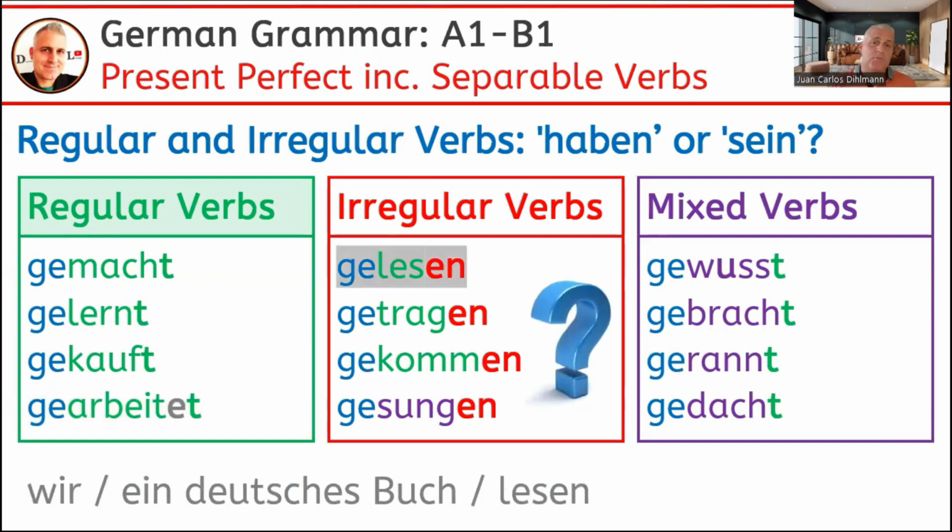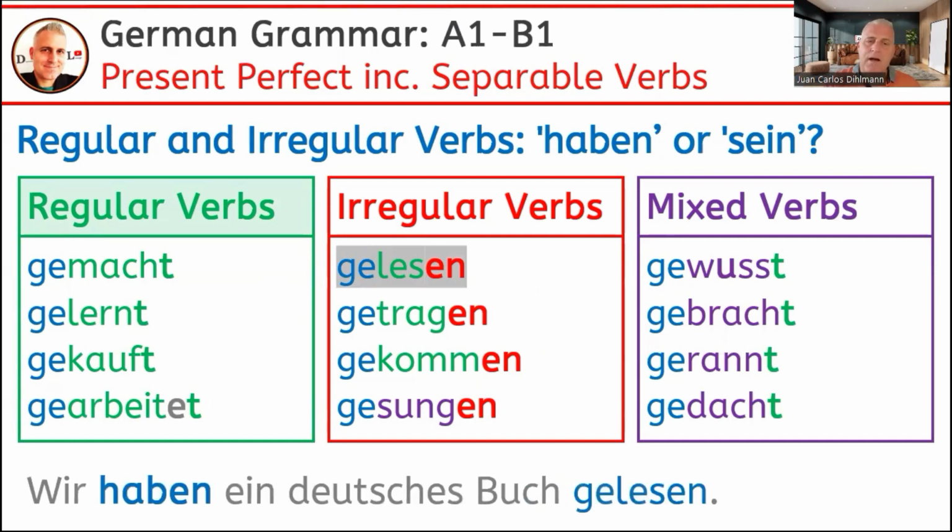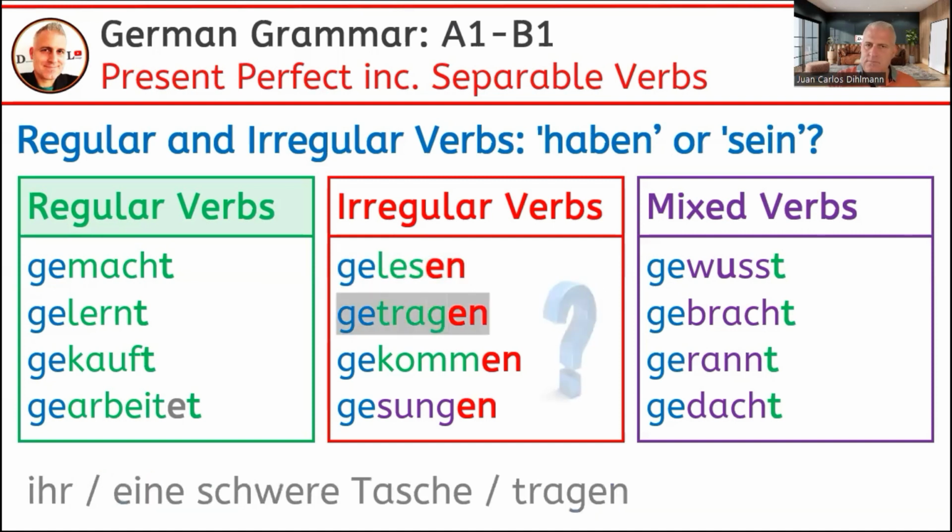Okay, let's practice with irregular verbs now. Gelesen. Please form the sentence. The solution is, wir haben ein deutsches Buch gelesen. Getragen.